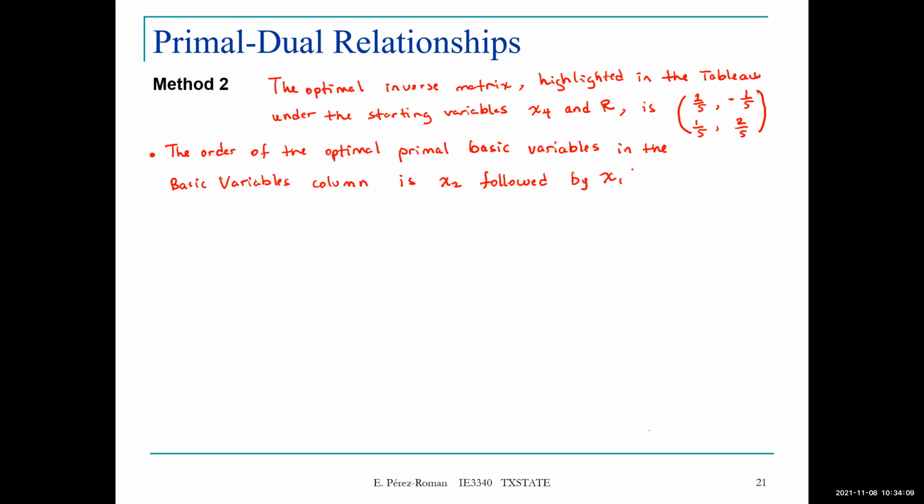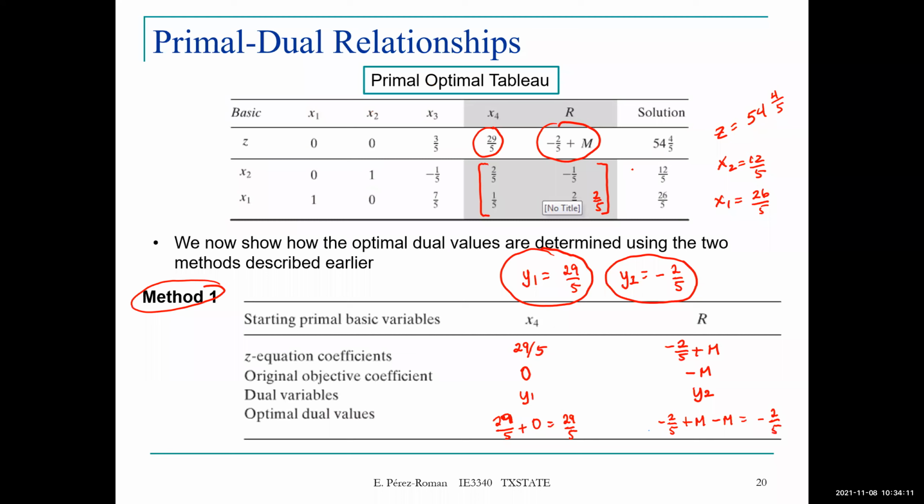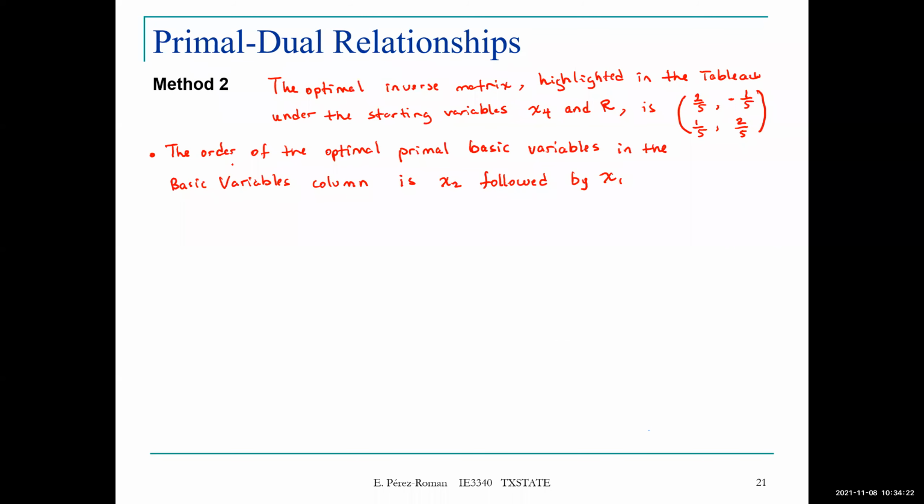So if you go to this Tableau, which is the optimal solution, this is what I'm referring to. In the optimal solution, you have x2 and then x1. So the order of the optimal primal basic variables in the basic variables column is x2 followed by x1.